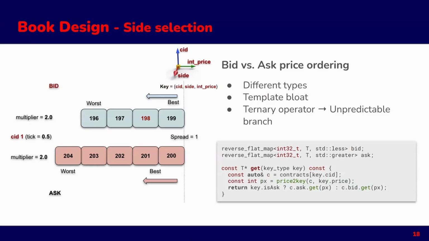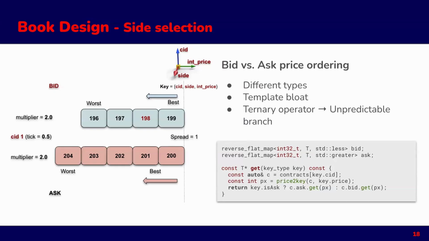Okay, then there is one more issue we have to address, and that's that when you look at the prices for the bid side, they are ascending, right? While they are descending for the ask side. So the straightforward way to solve this would be to have two instances of the map and have a template parameter comparator, use std::less for bid and std::greater for ask.